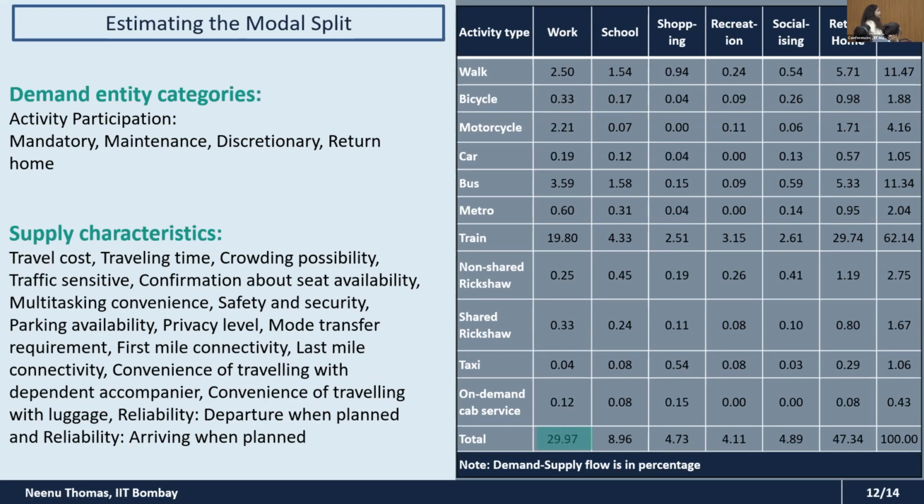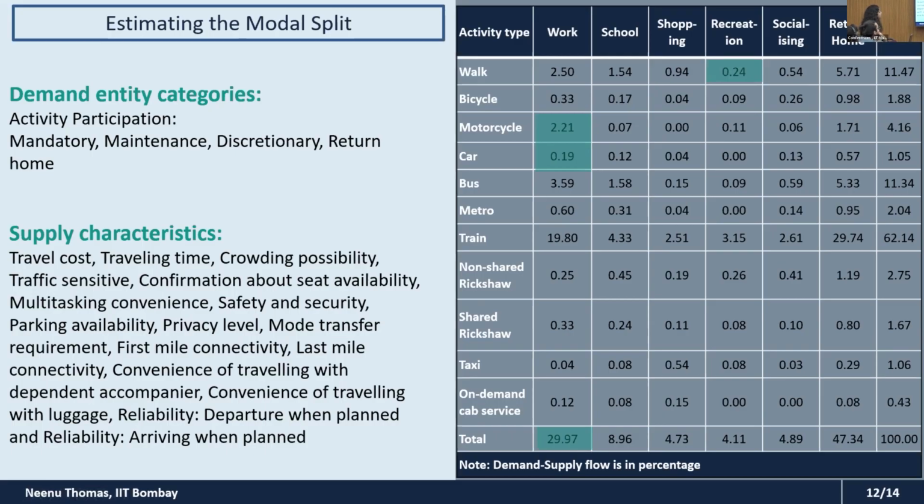And for the supply characteristics, we looked at the cost, timing, crowding possibility, and traffic sensitivity. We used all these supply characteristics, and based on our model, what we found is this table, where we are showing the mode supply flow in percentage.